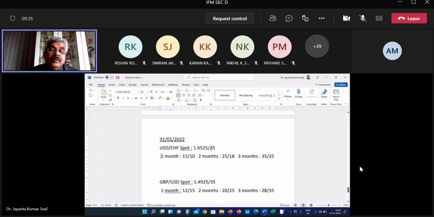See, this rate, if you write 1.6525 and 1.6535, this is the rate. Sometimes you need to add and sometimes you need to subtract these swap quotes in order to find the forward rate.